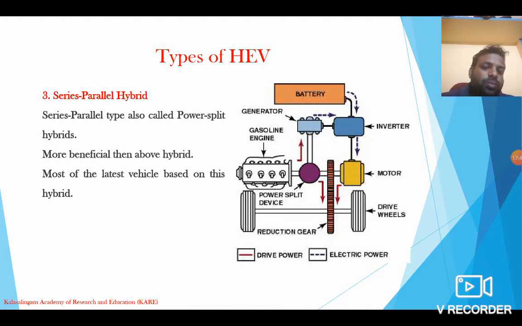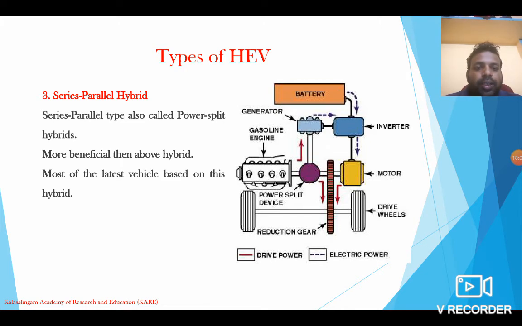Here one important component is the power splitter device. The power splitter device helps to divide the power which is generated by the internal combustion engine. One portion of the power is transferred to the generator.